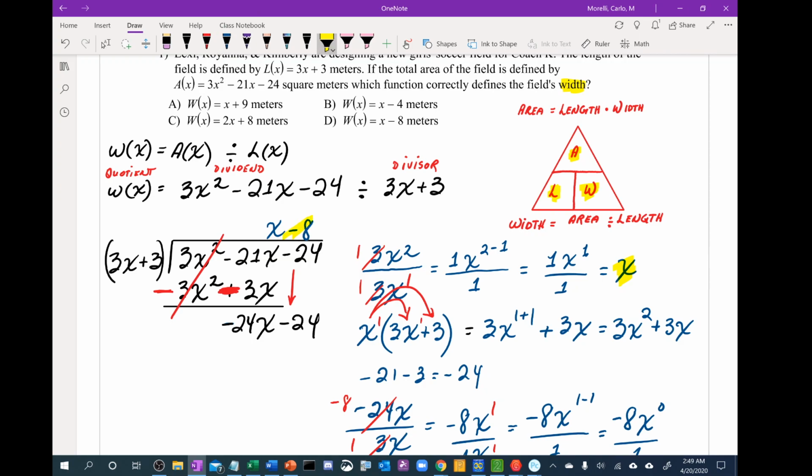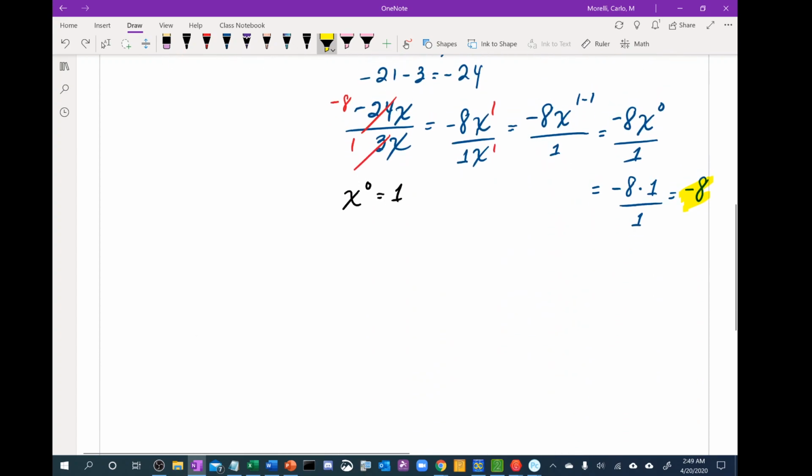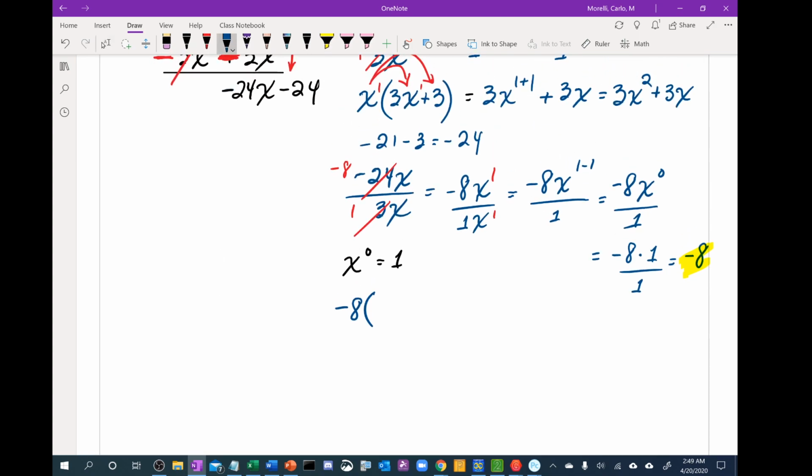And now we will multiply that negative 8 by the entire divisor. We'll multiply negative 8 by the entire divisor. We'll go down here, side work, negative 8, open parentheses, and the entire divisor here, 3x plus 3, close parentheses. Okay, distributive multiplication right here. Negative 8 times 3x is negative 24x.